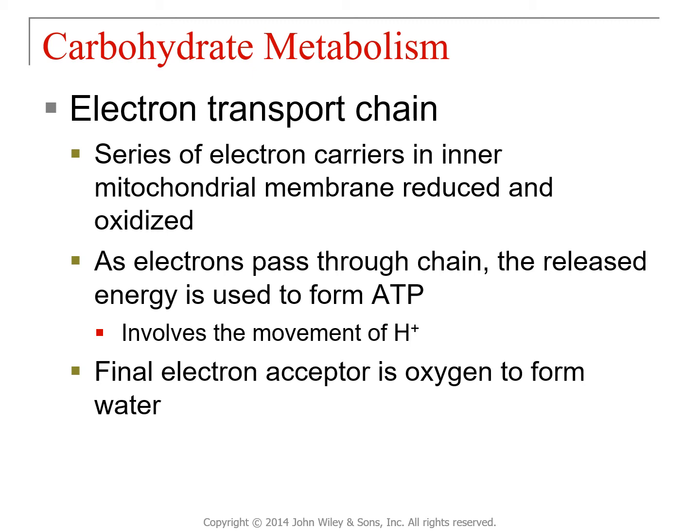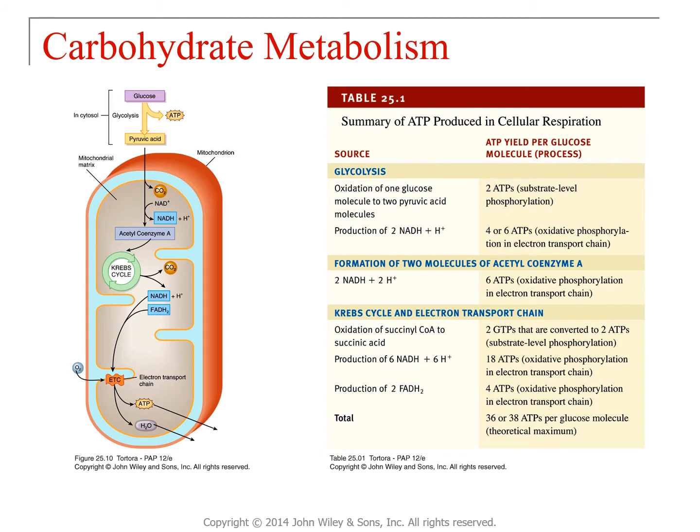Don't get into the details too much, just work with the summary. So there's an overview of the carbohydrate metabolism. Please note the 4 steps and what is produced during each step.